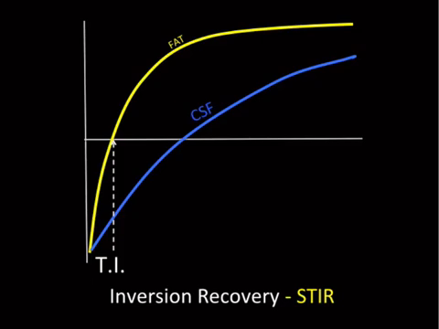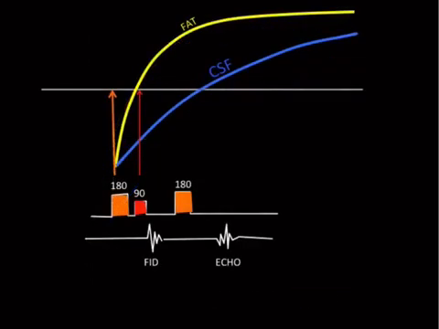It is at that time that you give your 90-degree excitation pulse. Because there's no longitudinal component of fat at that time, because you hit it with that 180 degree before, and it's recovered right to this point right here.